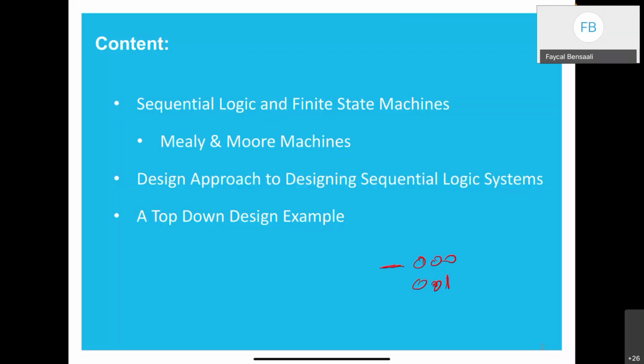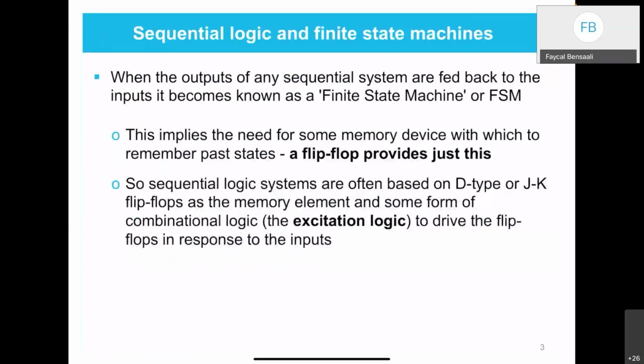And so this is why we need to know what the current state is, and we need to know what should be the next state based on the coming inputs. Do you understand? So we'll show you in this lecture how to design this type of circuits. And these are sequential, and we use flip-flops in this. This is what I mentioned here.